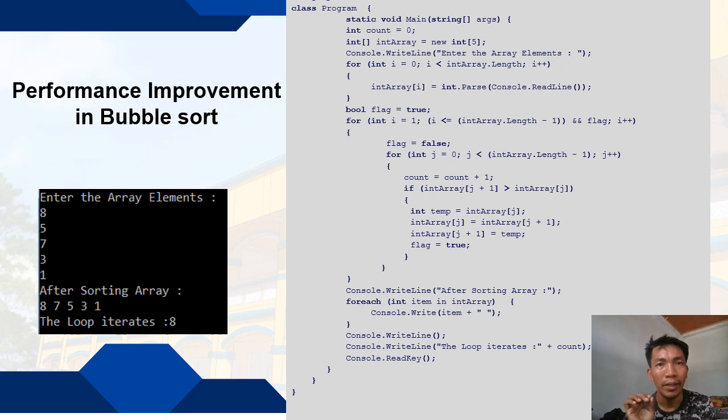Now, we could see that the bubble sort algorithm is tedious enough with the 16 iterations.